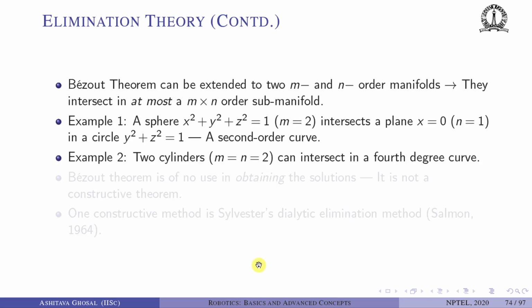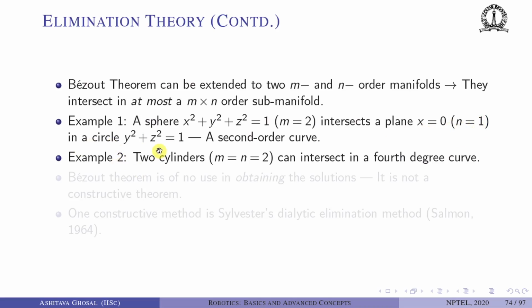So Bezout's theorem can be extended to m and n order manifolds. It has been shown that they intersect in at most an m times n order submanifold. Example 1: a sphere x square plus y square plus z square equal to 1, here m is equal to 2, intersects a plane x equals 0, which is n equals 1, in a circle.